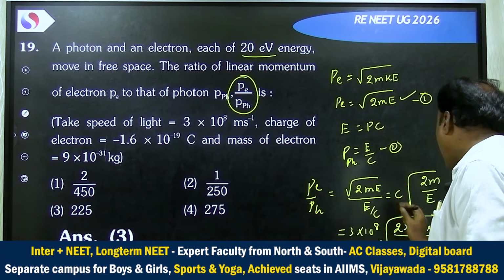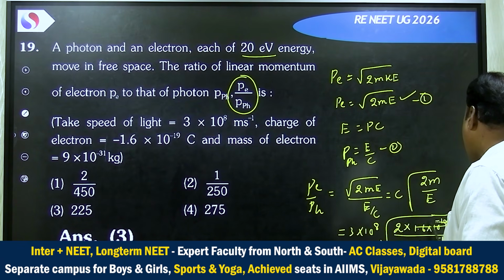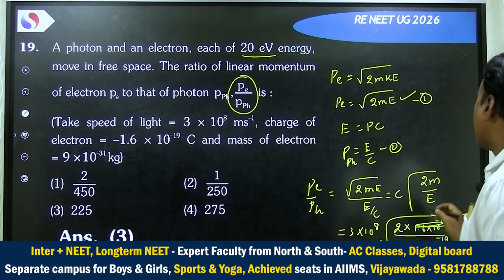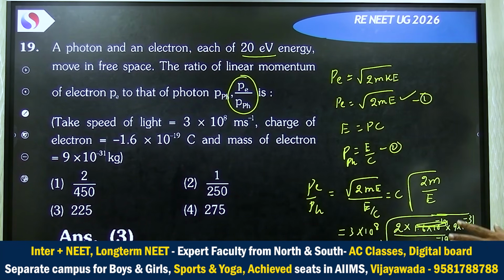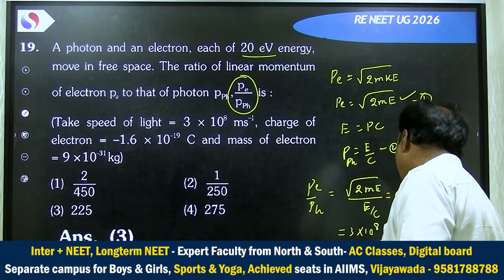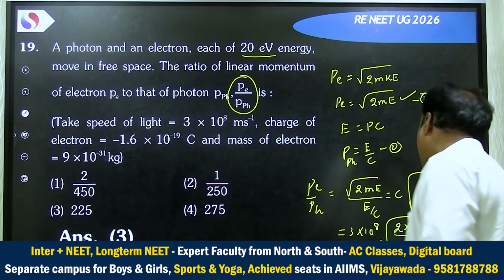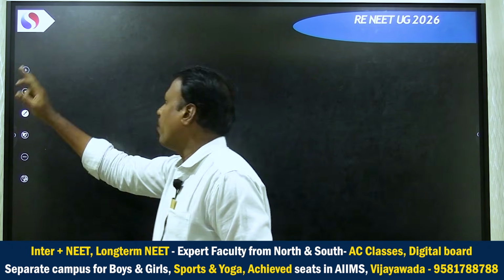Okay, and what we are missing here, sorry, this is the charge written, that is a mistake. Mass of electron is nearly 9 into 10 power minus 31 kg. After substituting all these things, the final value we will get like 900 by 4, which finally goes to 225. This ratio is nearly 225. So next problem we are going.